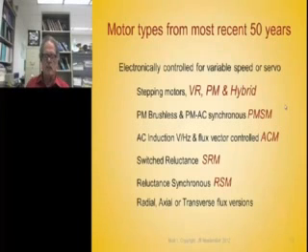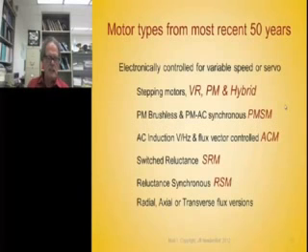The DC motor that has permanent magnets in the stator, if you just reverse the rotor and the stator, you put the magnets on the rotor and the windings in the stator, that was called a PM brushless motor. But later, as we'll see, when inverter designers started to run that motor from a slightly different power control source, he changed the name of it from a PM brushless to a PM AC, or a PM synchronous machine.